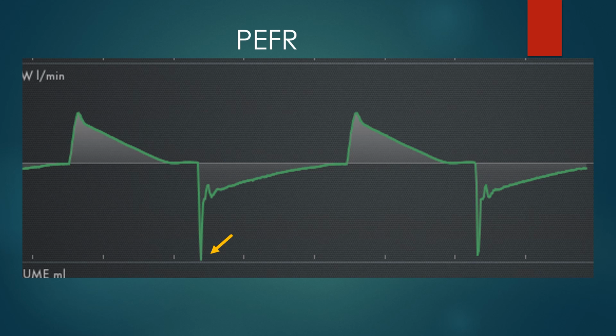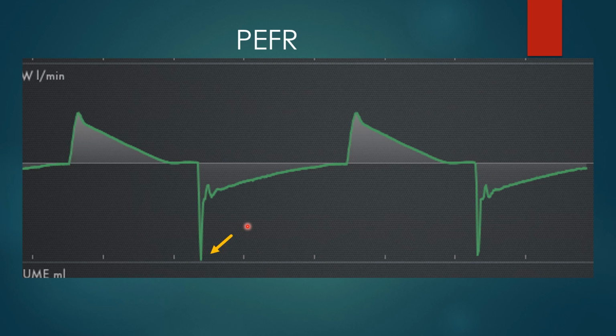The peak expiratory flow rate is shown on our waveform. On the expiratory portion of the flow curve, you see the flow comes way down to here, and exhalation. So the peak expiratory flow rate is helpful, especially with COPD and asthma patients.